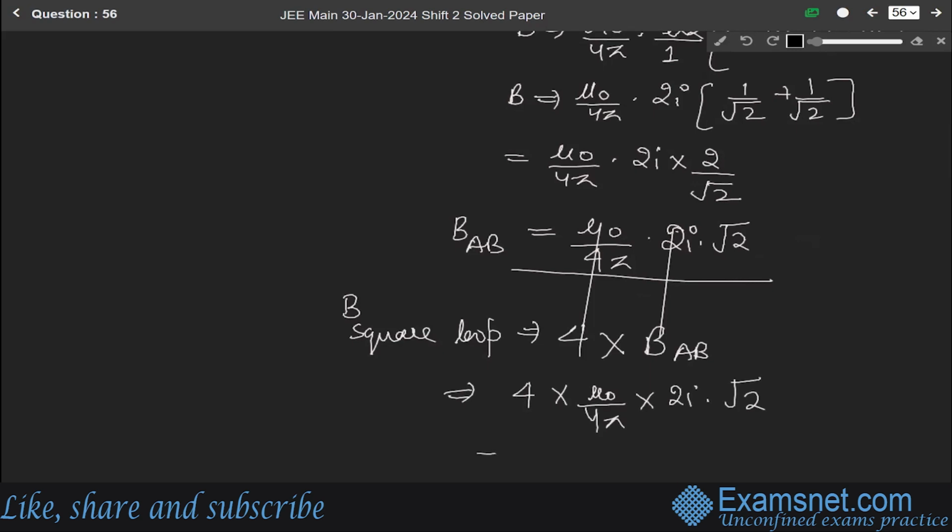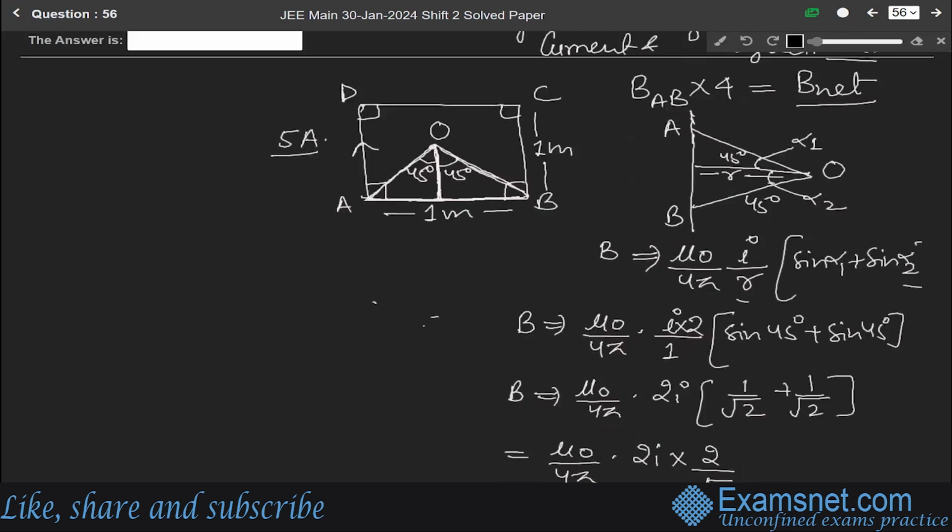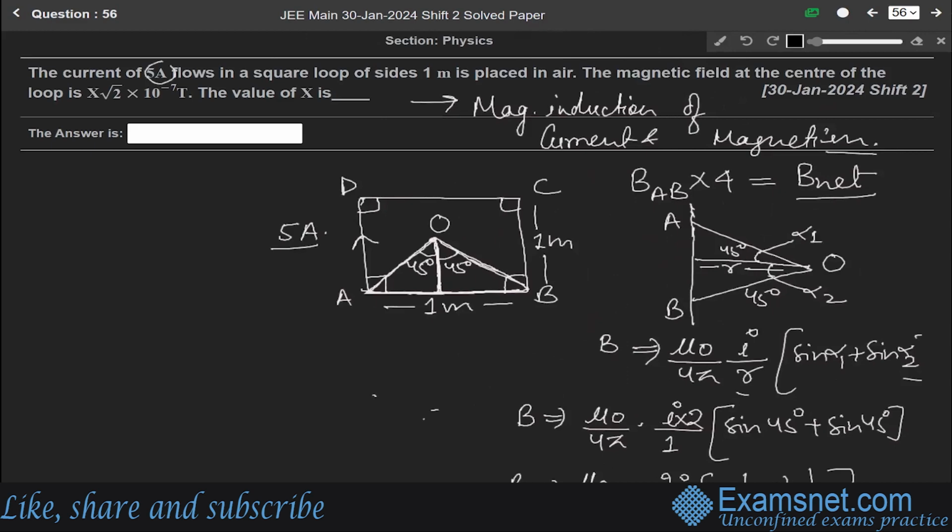So this mu naught is 4 pi into 10 to the power minus 7, into 2I into root 2 over 4 pi. This 4 pi cancels. So it will become 4 into 2, 8 root 2 into 10 to the power minus 7 I. And I is given as 5 ampere.